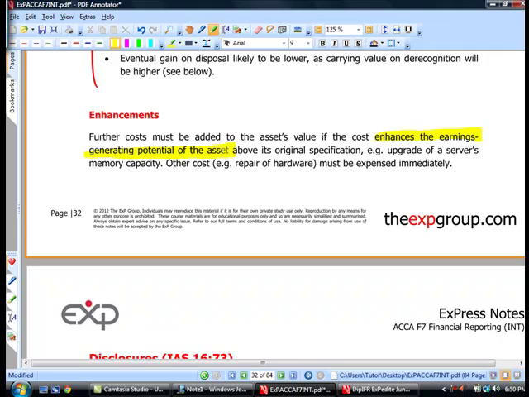So if I'm upgrading a server memory capacity, that will be an expense that will be capitalized and depreciated over the remaining useful life of the server. If, for instance, I'm just repairing the server or the hardware, that is just a repair cost which will be expensed immediately in the P&L.